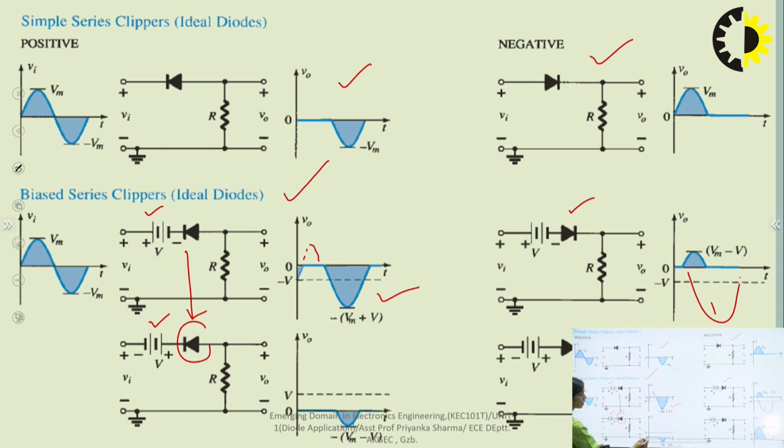In this case, we obtain the output only on the negative side and the positive cycle is clipped. Similarly, in the fourth case, only the battery is reversed, the diode is in the same arrangement, and we will get the whole positive part, only a small portion of the negative cycle is clipped off. So these are the possible combinations that we can make with the biased clipper circuits.